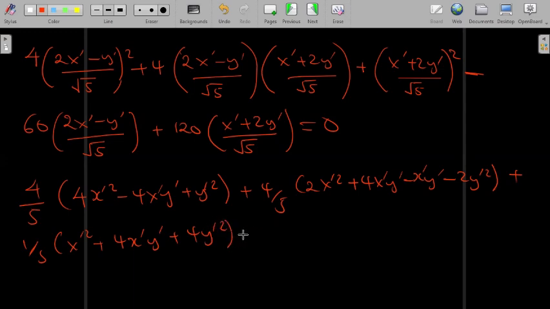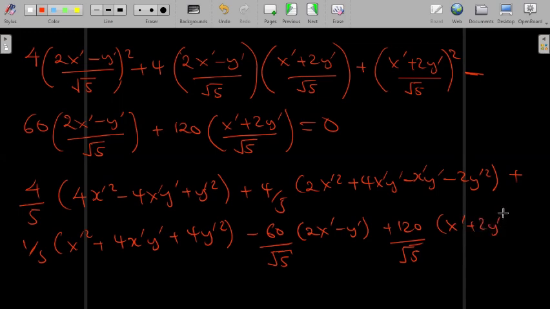Next, I can factor out 60, and remove that root 5 there. This time it's not squaring, because you just have the 2x prime minus y prime. And that's the same for the 120 root 5, then you have your x prime plus 2y prime. Then that all just goes to 0. So this is what you get.